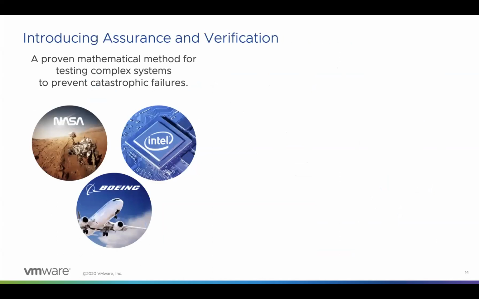So assurance and verification is another way of looking at network monitoring and troubleshooting. Because of the growing and complex network systems that are extending from on-prem to cloud to branch, you typically want to have multi-point solutions to manage and troubleshoot those networks. And we need to have new ways of actually doing that.